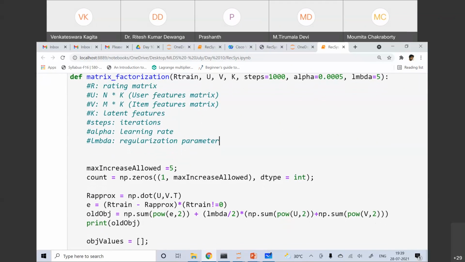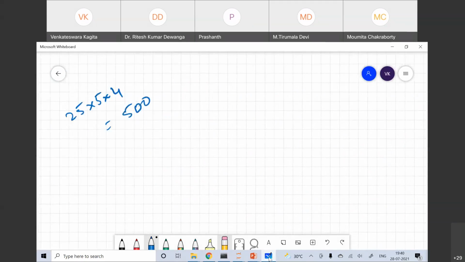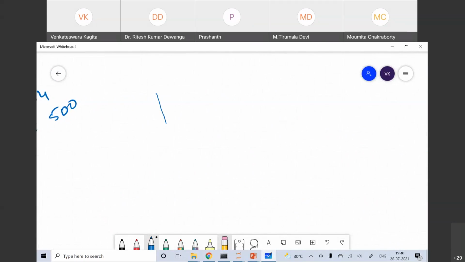And the termination criterion that he has chosen is this: if the value is increasing, your curve looks something like this, right? If it is increasing, then stop, but don't decide based on one iteration's increase.